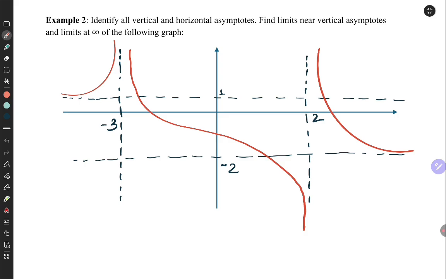Yeah. So then you have to do, what are the vertical asymptotes, I mean horizontal asymptotes? Correct. What would be the limit when x approaches negative infinity? Correct. What would be the limit on the left of 2? Negative infinity. Correct. Good.